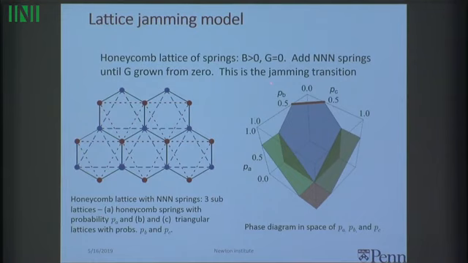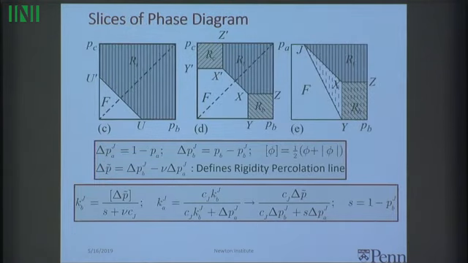But more interesting is to take other cuts of the phase diagram. So let me take this one. I'm going to set PB equal to PC. That means I'm putting the probability of taking a bond from either of the two triangular lattices to be the same. And then we have this two-dimensional phase diagram that looks like this. This is PA. Along this line, PA equals 1, I have a non-vanishing bulk modulus. I hit J, and I go into this phase RT where everything is rigid, and the shear modulus grows continuously away from here.